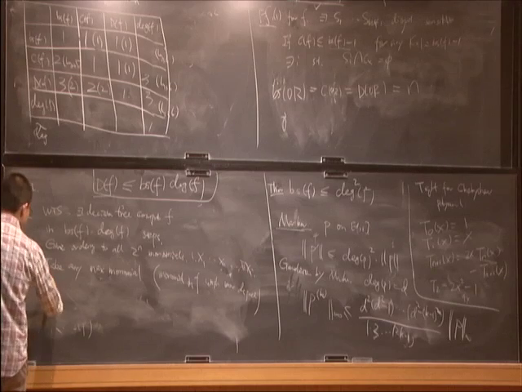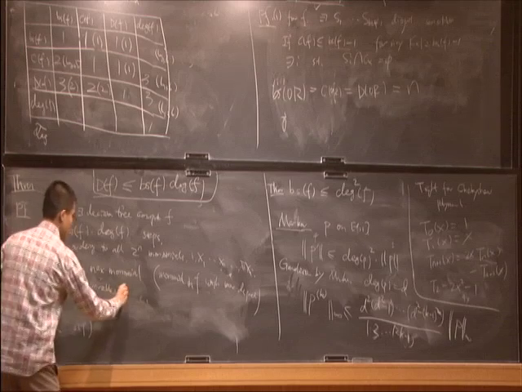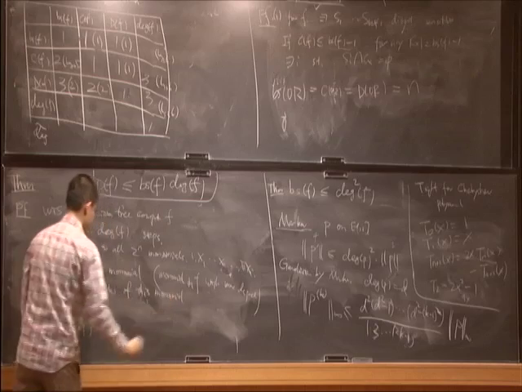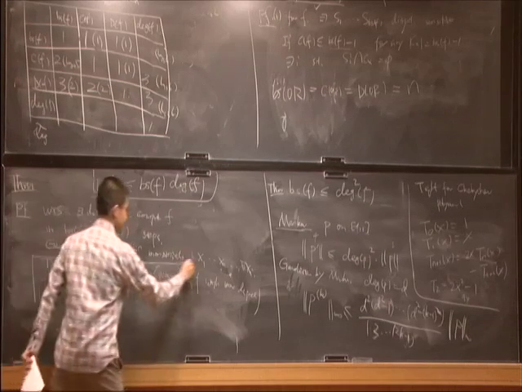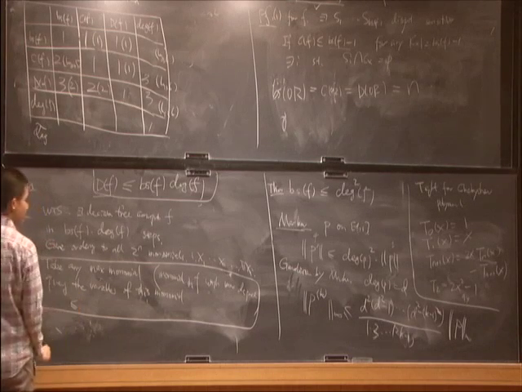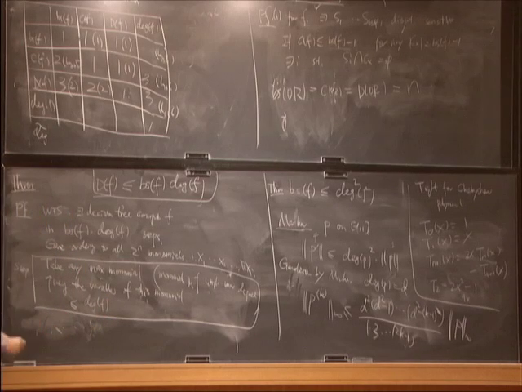And then we query the variables of this monomial. So this is one step. In this step, we need to query at most the degree of f variables.